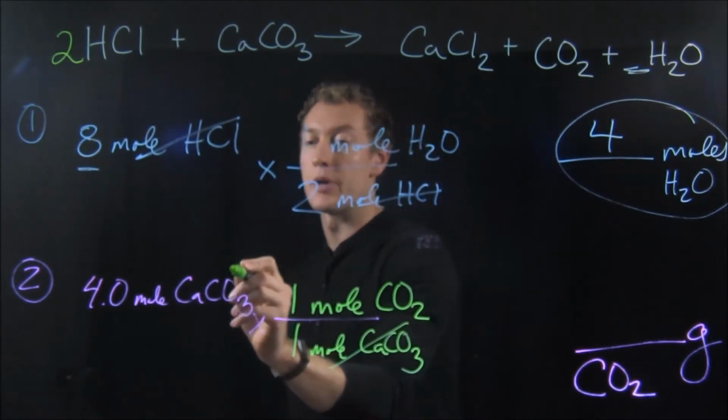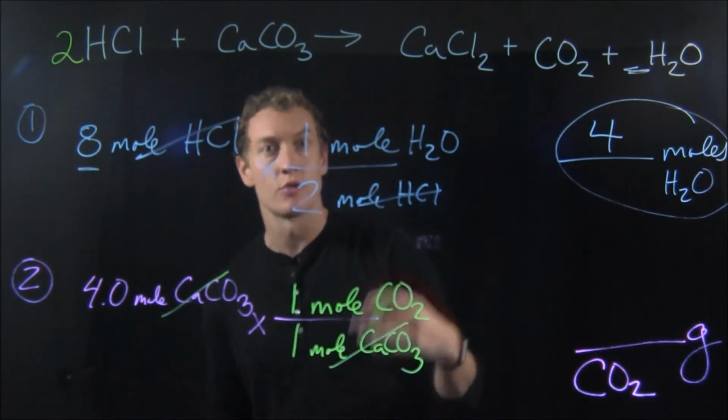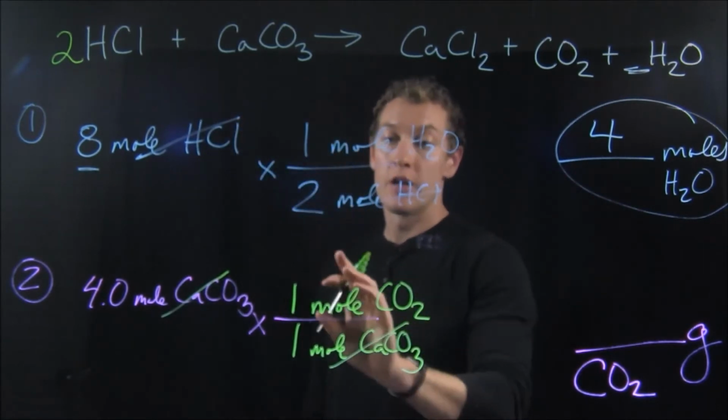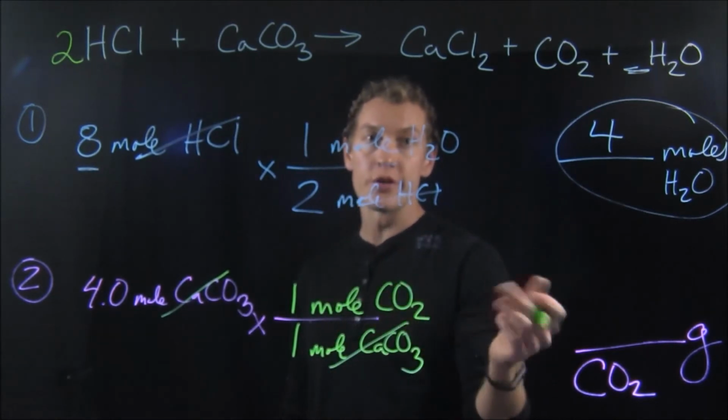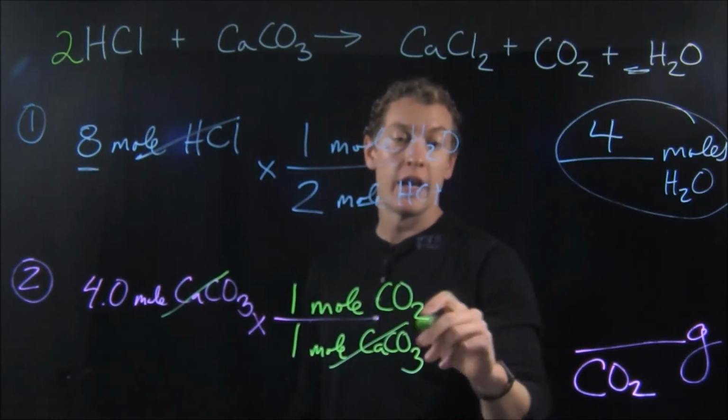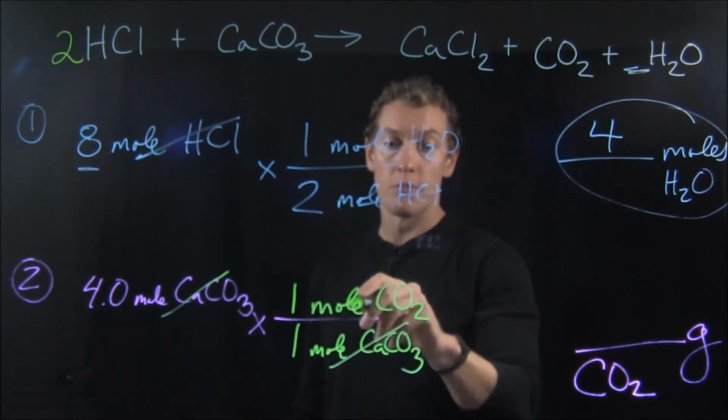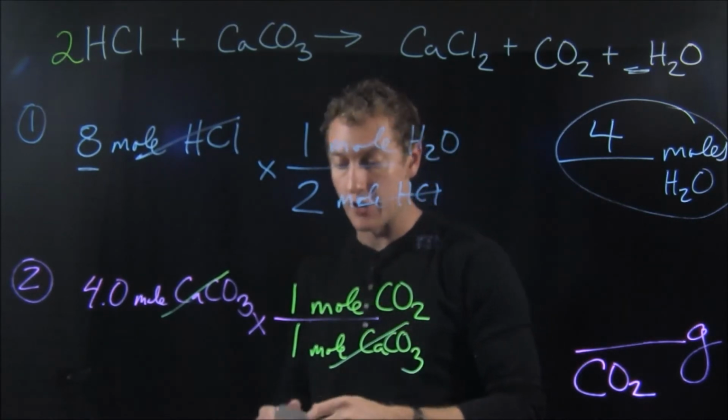Moles of calcium carbonate will cancel out or divide away. 4 times 1 over 1, so that's going to be 4 moles of carbon dioxide, and then we will convert moles of carbon dioxide to grams of carbon dioxide.